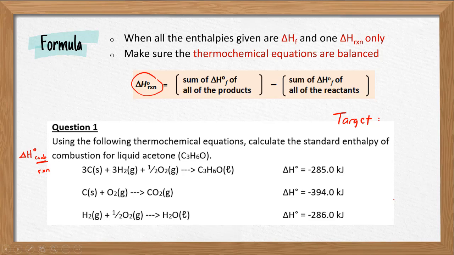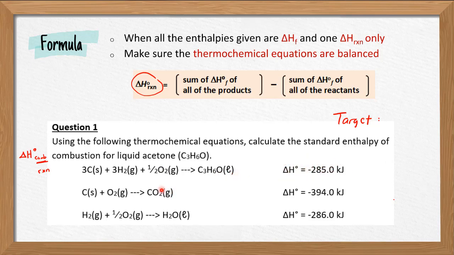Let's interpret the equations given over here. As I told you just now, you need to have only one enthalpy of reaction and a few enthalpies of formation. So here is your enthalpy of formation. According to the definition, when 1 mole of the compound is formed from its elements under standard state, these carbon, hydrogen, and oxygen are all the elements at standard state. So this enthalpy refers to the enthalpy of formation for C3H6O.